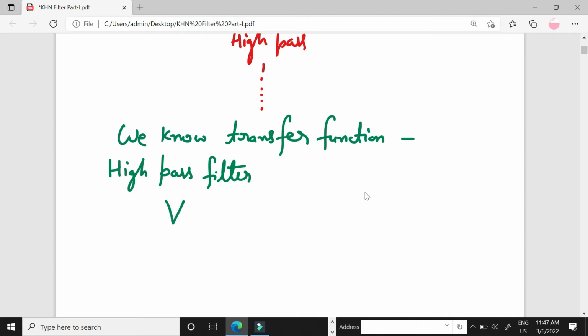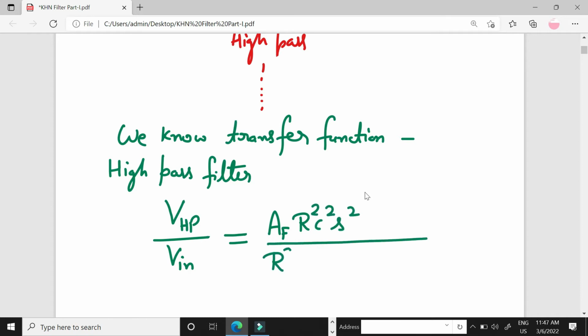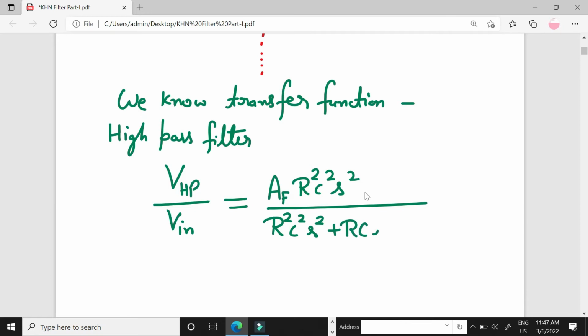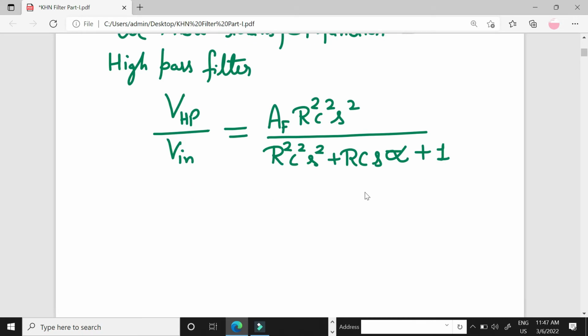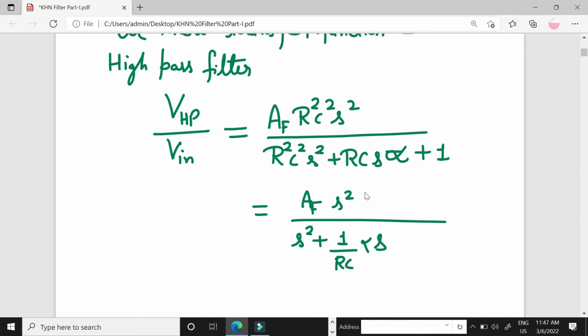If the output of high pass is VHP and input is Vin, then VHP upon Vin is equal to AF S square, means R square C square S square upon R square C square S square plus RC S into alpha plus 1. We can write it as AF S square upon S square plus 1 upon RC into alpha S plus 1 upon R square C square.